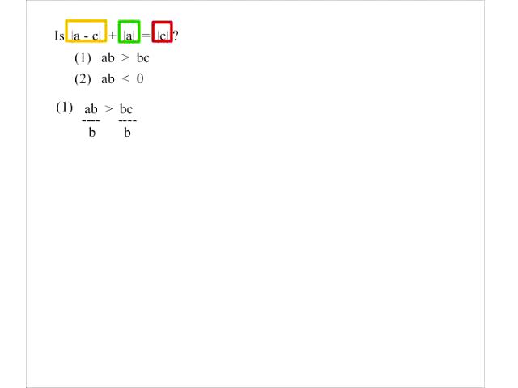We can divide by B because we know that B is not 0. Does anybody know why we know B is not 0? Yeah, exactly, the inequality. If B were 0, then the statement AB greater than BC would be false.